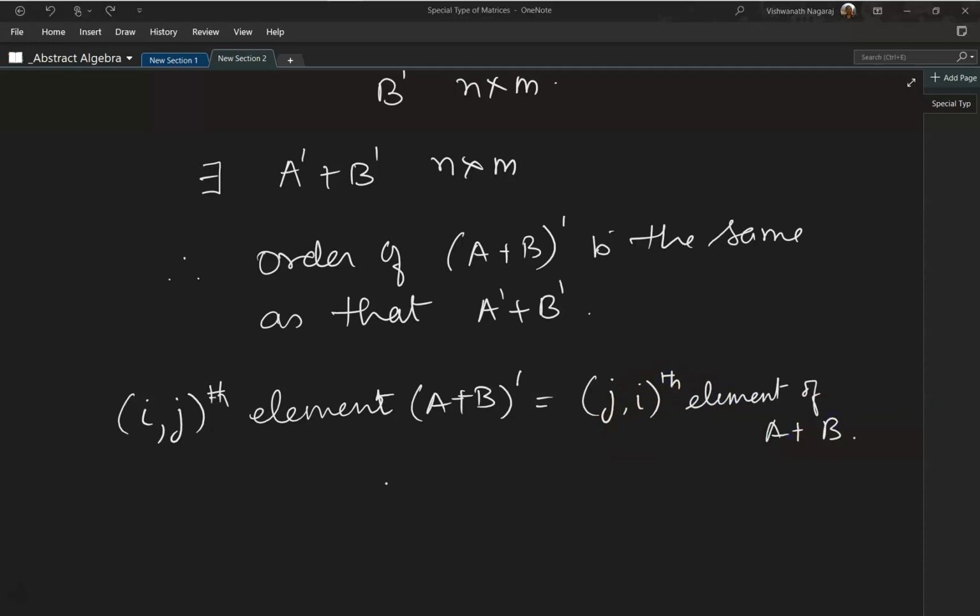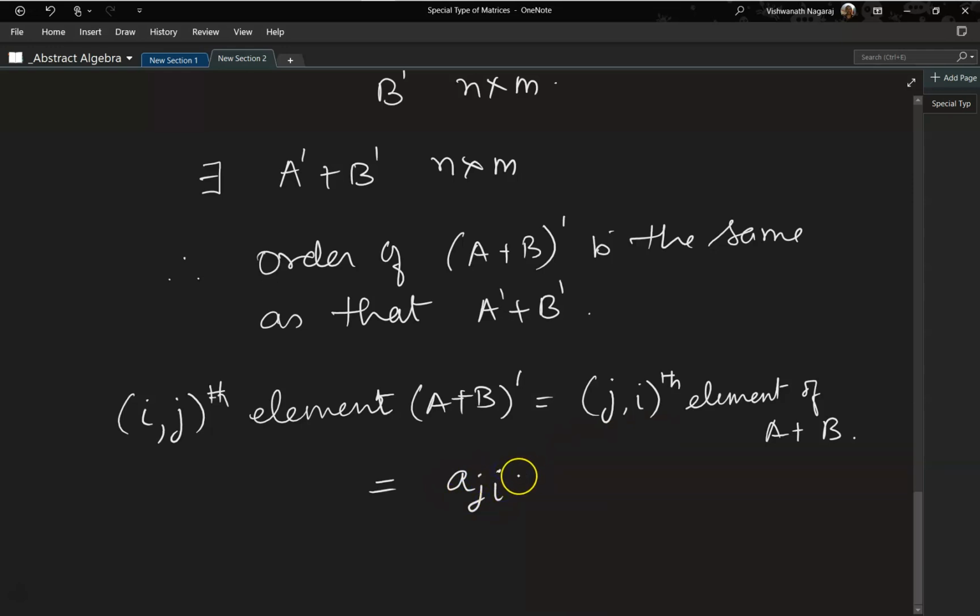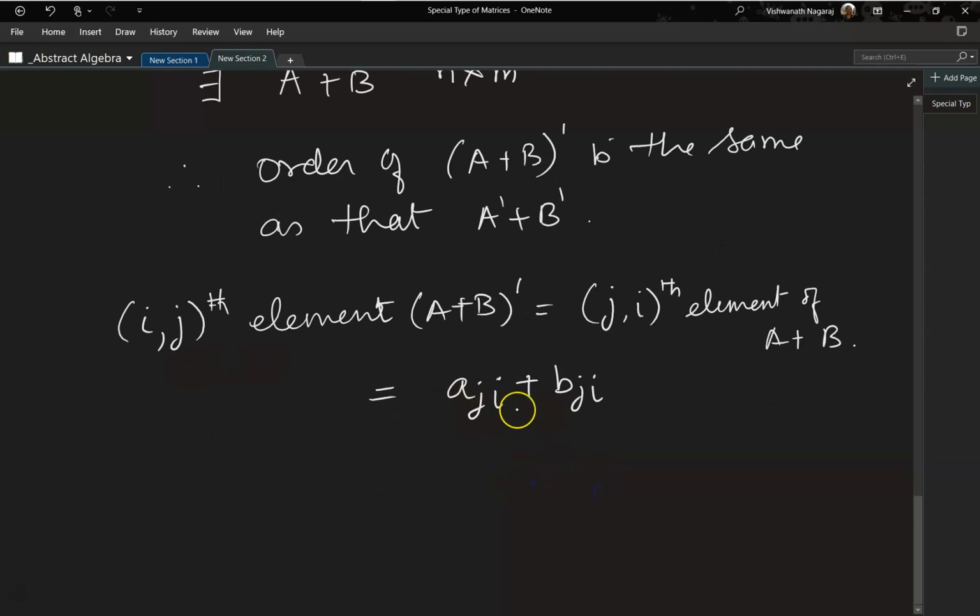Because they are transposes. So we just exchange i and j, row and column. Now, which means this is equal to Aji plus Bji. Again, we have just exchanged the values and we have added these two because this is A plus B.